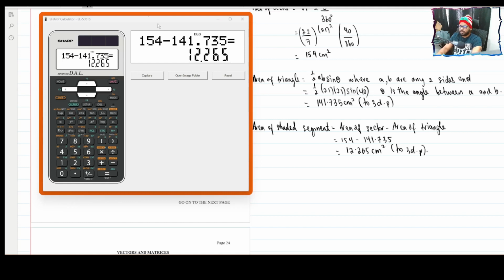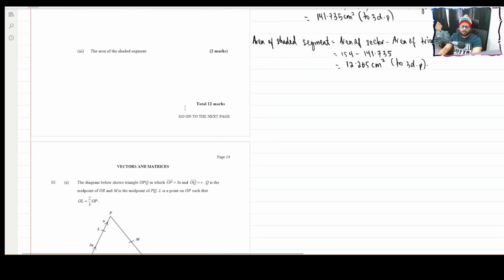If you wanted to work to 2 decimal places, no problem with that. It's all up to you. Right, and that's it for number 9.